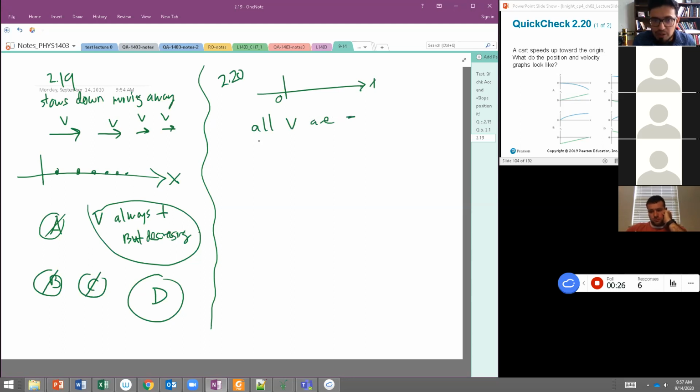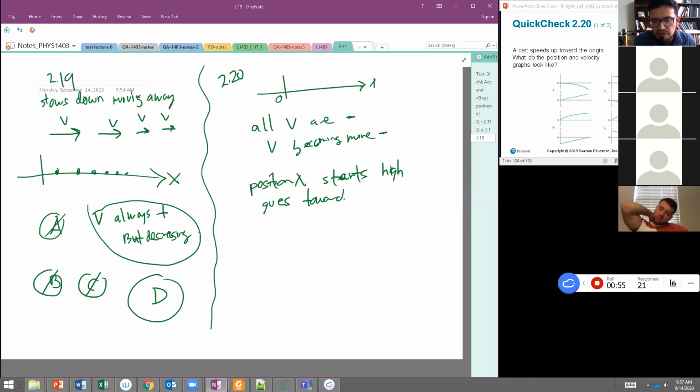It says it's speeding up, so v is becoming more negative. At the same time, because we're moving towards the origin, position x starts high and goes toward smaller values, towards 0.